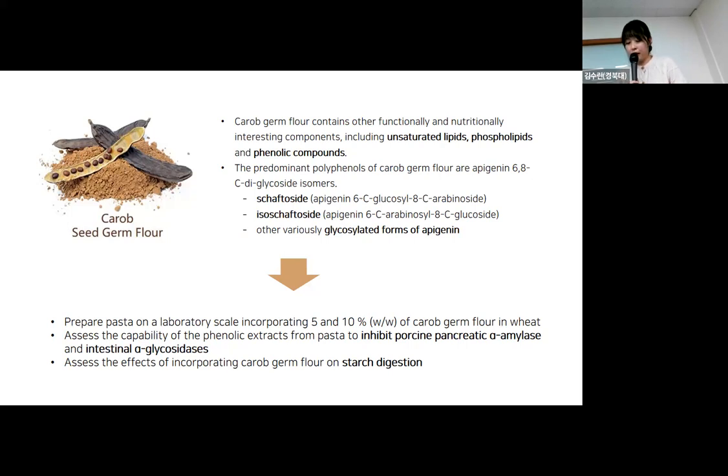But flavone C-arabinoside has been detected in a variety of different species, although at much lower concentration than in carob flour. Similar to numerous other polyphenols, certain flavonoids, including apigenin C-glycoside, have been recognized for their effective inhibition of enzymes responsible for breaking down carbohydrate, such as alpha amylase and alpha glucosidase.